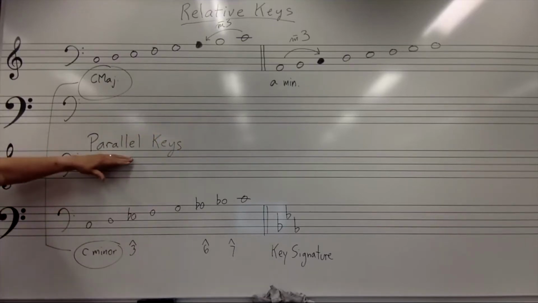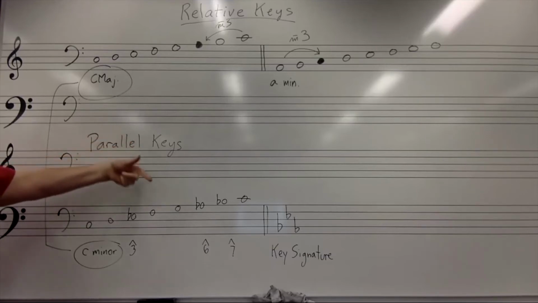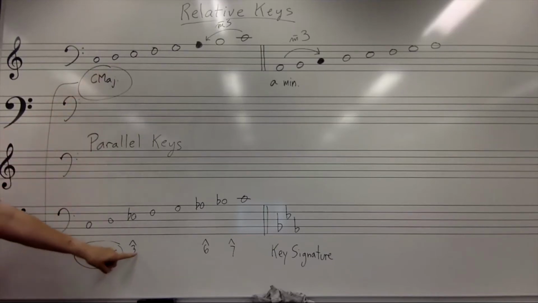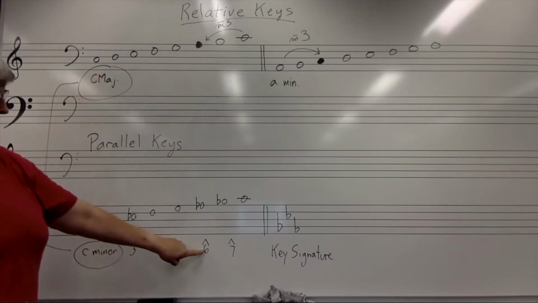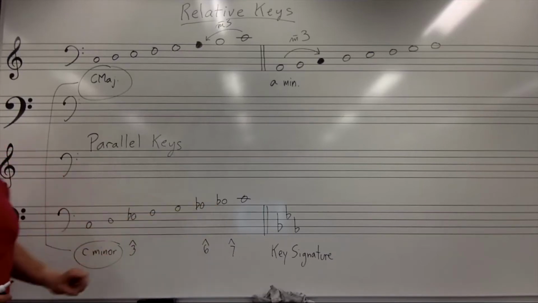Parallel keys have the same tonic note, and they also share 3 other notes of the scale. So they have the same do, the same re, the same fa, and the same sol. But some of the notes are different. Specifically, the scale degrees 3, 6, and 7 are always lower in the parallel minor.